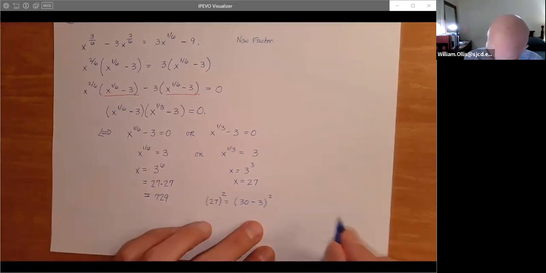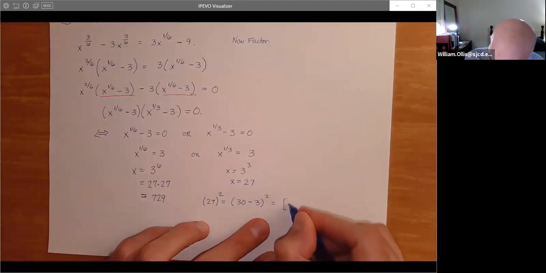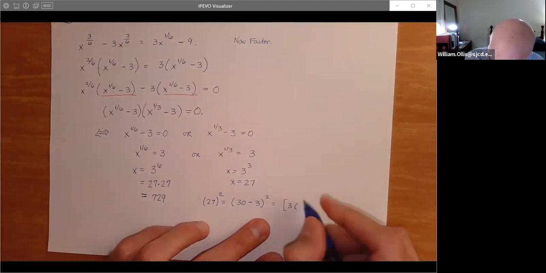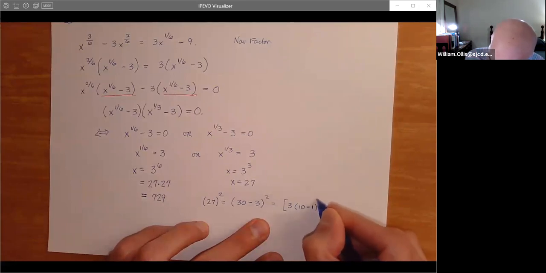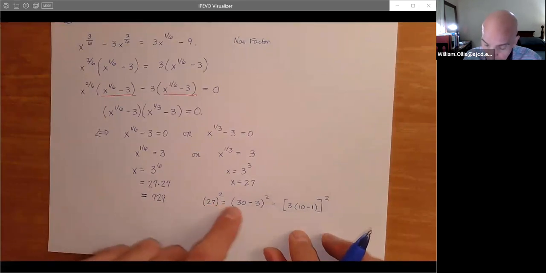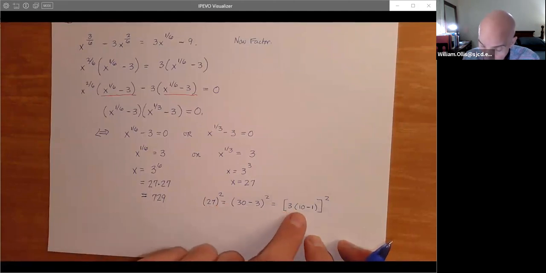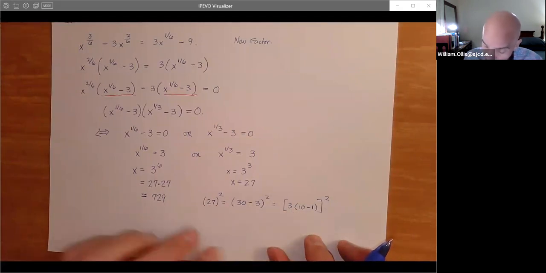Okay. And so then you're thinking, all right, well, this equals 3 times 10 minus 1. Okay, so now if 27 equals 30 minus 3, and then I can factor the 3, so that'll be 3 times 10 minus 1. Okay, that's still 27. Now I square it.